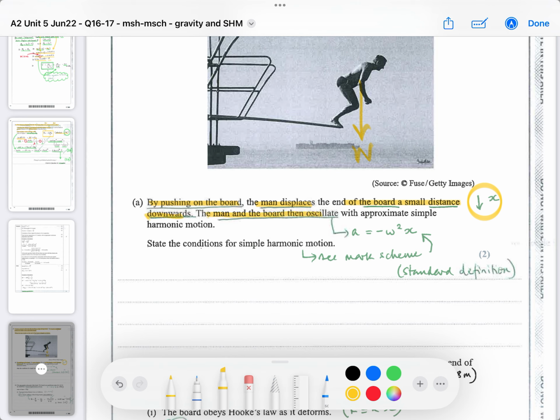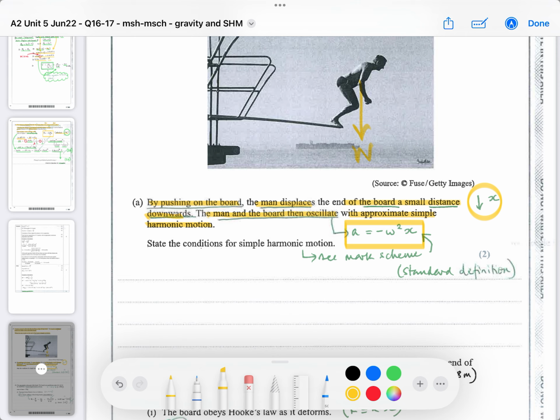The man and the board then oscillate because they're stuck together with approximate simple harmonic motion. So if it's simple harmonic motion, you automatically know that the acceleration must be in the negative direction compared to the displacement. If displacement is down, the acceleration when it starts oscillating will be upwards.